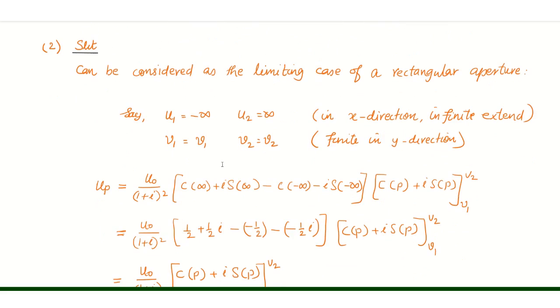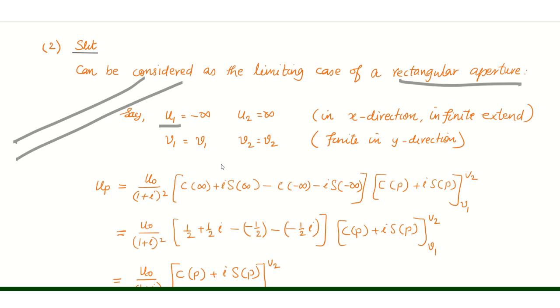A slit, as I said, can be considered as the limiting case of a rectangular aperture. In this case, take the x component: x extends from minus infinity to infinity, and in the y direction let's say it goes from v1 to v2.